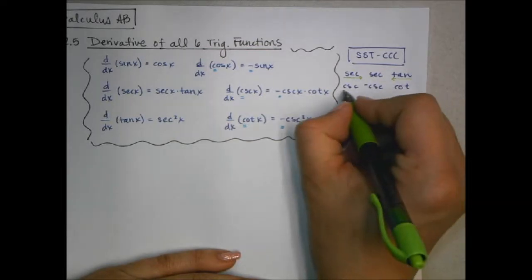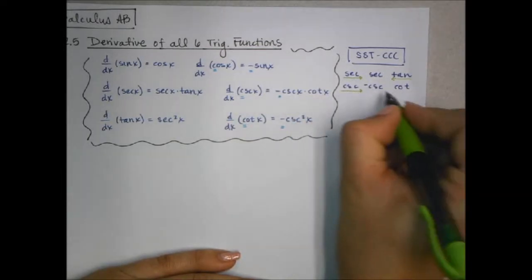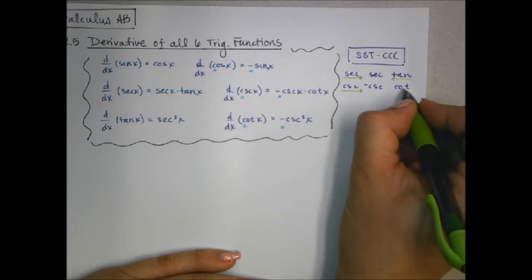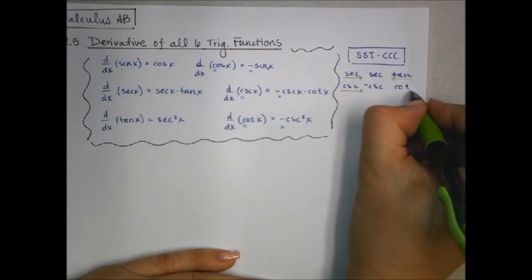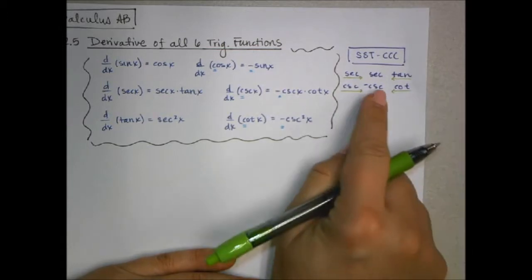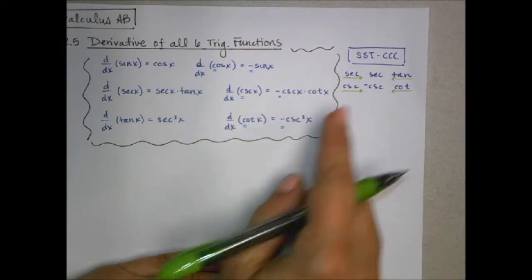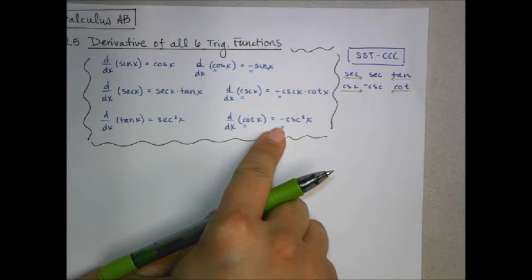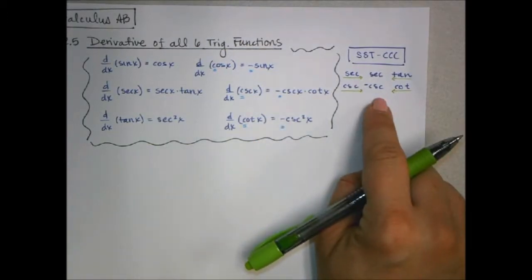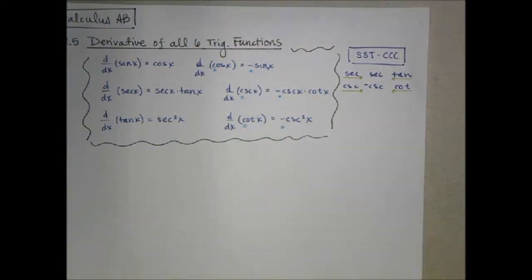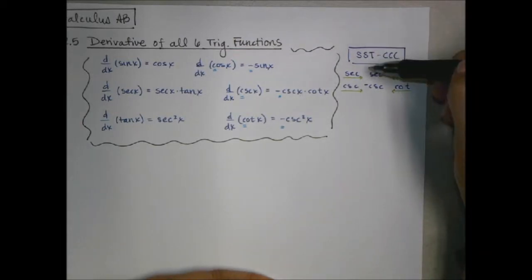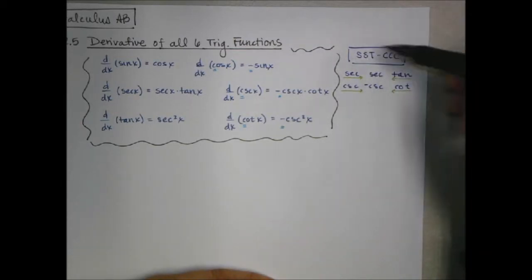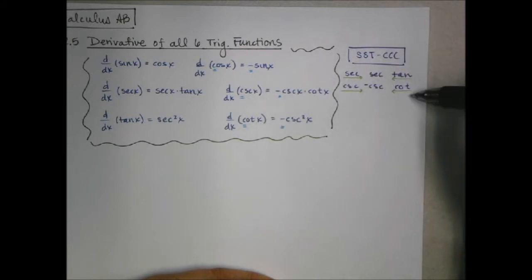The derivative of cosecant is negative cosecant times cotangent. That's what we had here. And the derivative of cotangent is negative cosecant times cosecant, or negative cosecant squared. Okay, so we're going to use this tool to remember. You do have to remember, of course, what the SST stands for. So secant, secant, tangent, cosecant, cosecant, cotangent, and don't forget your negative.